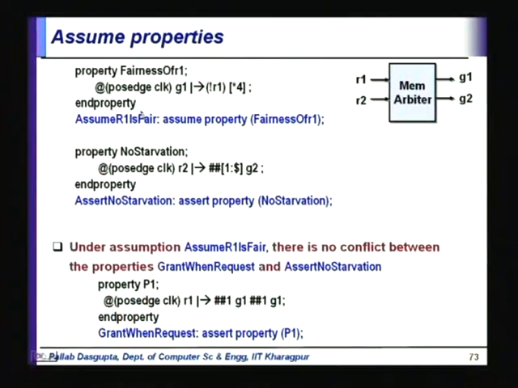It is specifying that certain paths in that Kripke structure will not actually be traced, right. So, if you look at this assumption, it says that paths where R1 is asserted forever will not be traced, because that is violating this assumption, right.